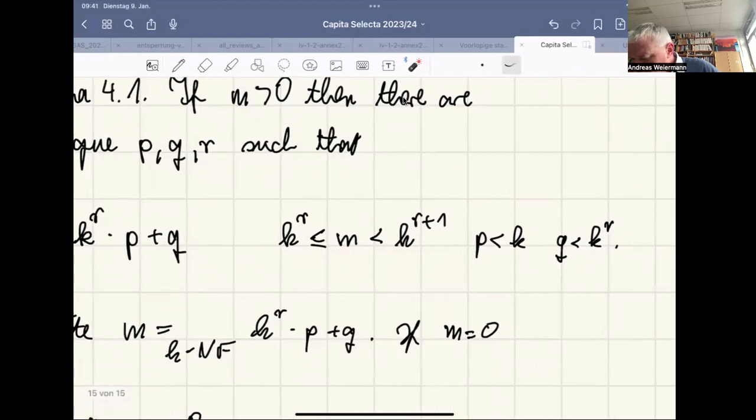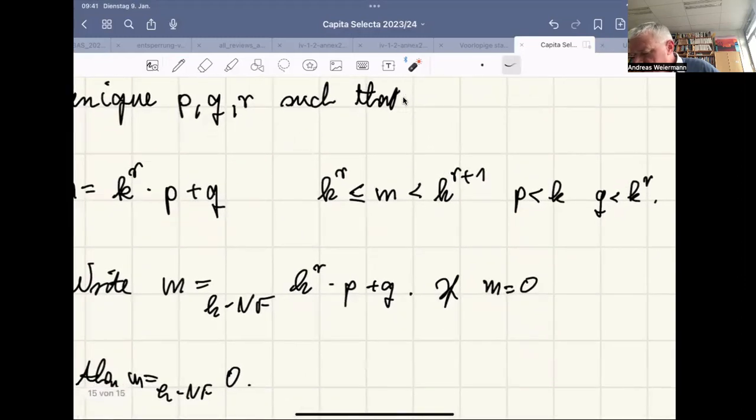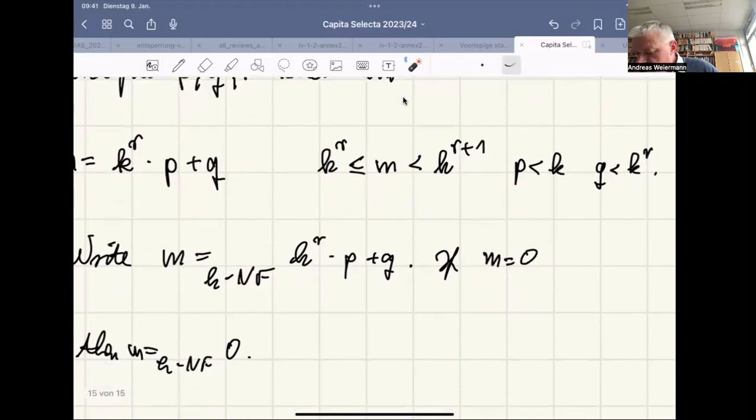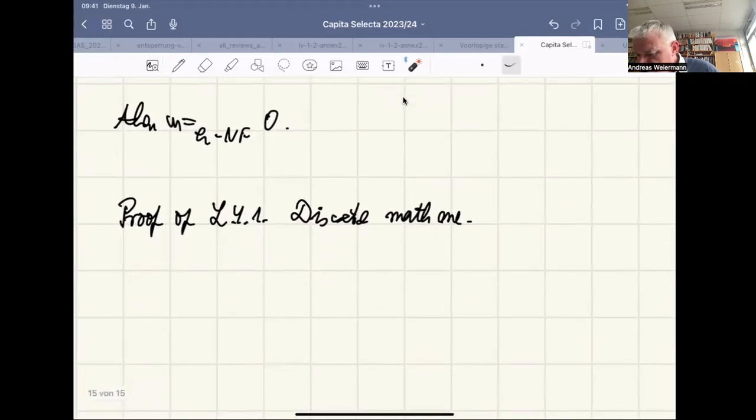And then you look how often you can fit k to the r into m. And once you have done this in an optimal way, then you look for the remainder, which has to be less than k to the r. Because if q would be bigger than k to the r, then you could change either p or k to the r. Okay, that's fine.